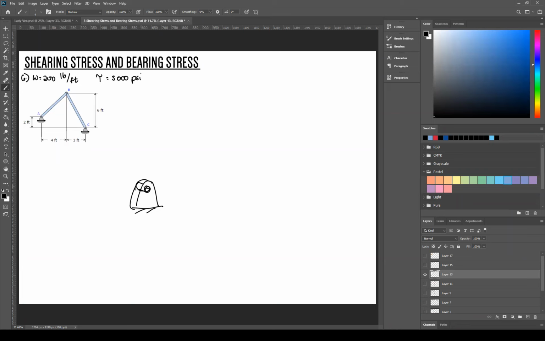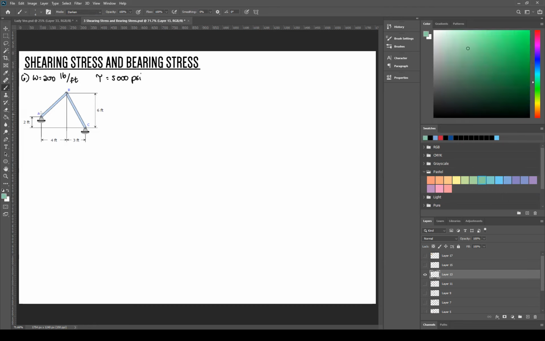And the force parallel to the cross-sectional area of the pin is just the reaction R, right? So I gotta get the reaction.